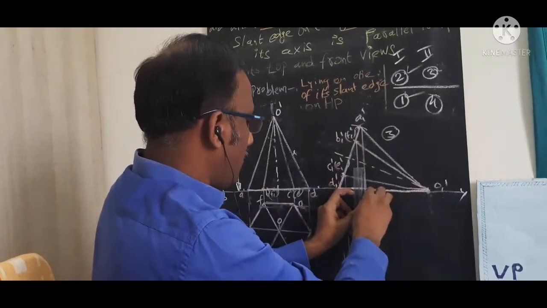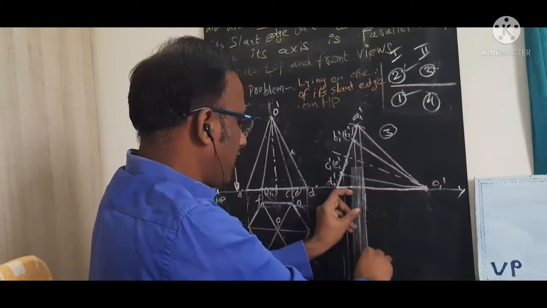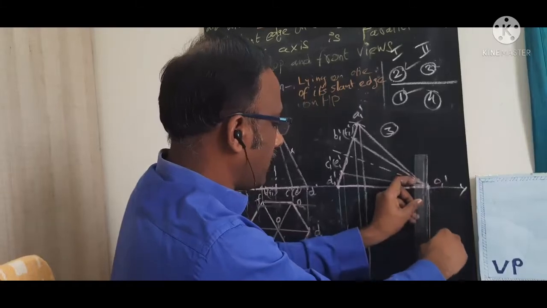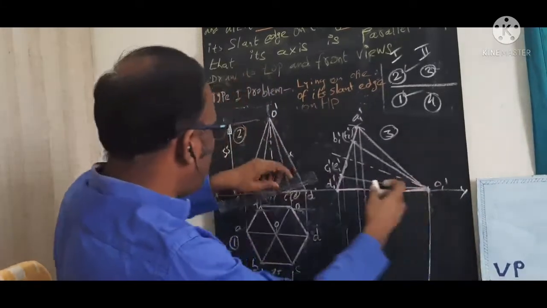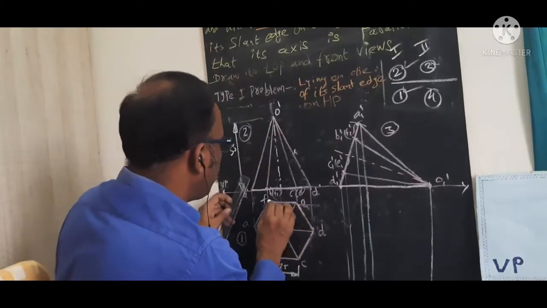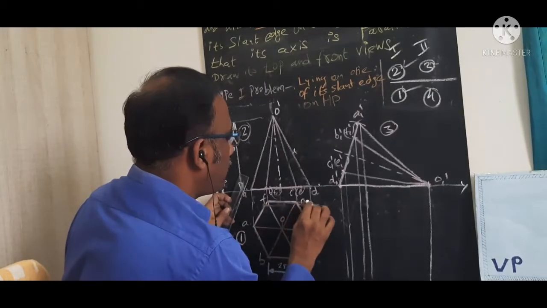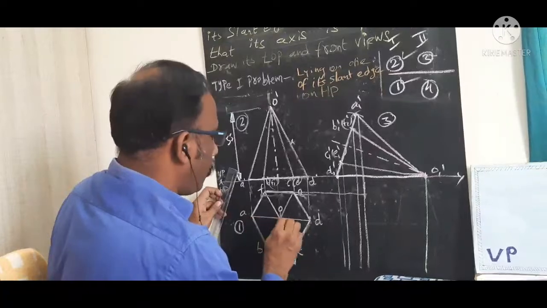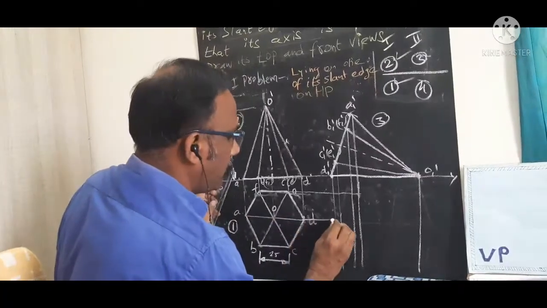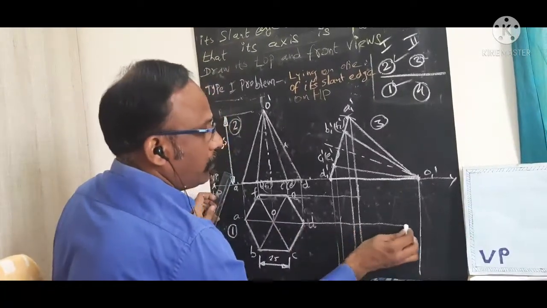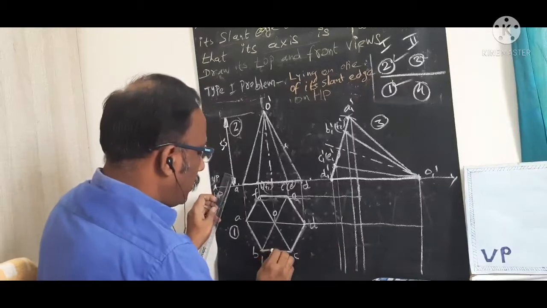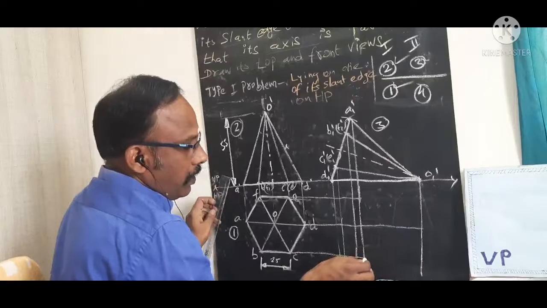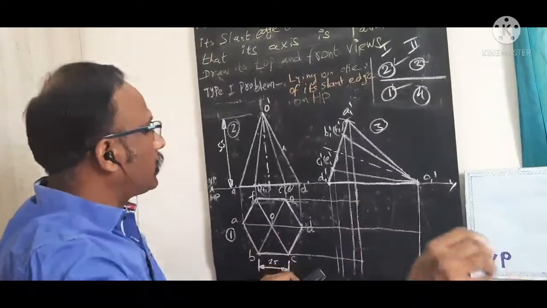From all these points you need to draw the vertical projectors, and also one from O1 dash. Now draw the horizontal line from F1 E1, extended up to this point. The center line A O D is also extended up to this point. Then D N C is also extended like this.